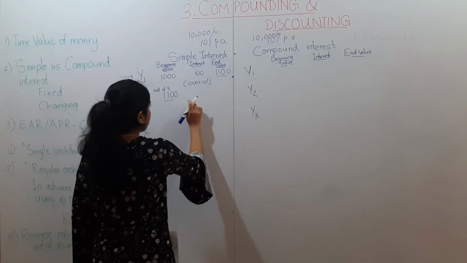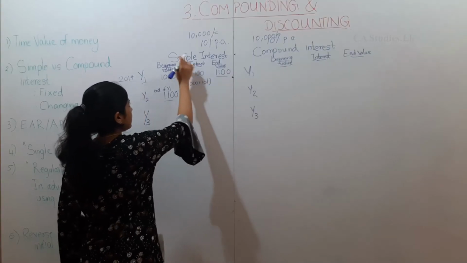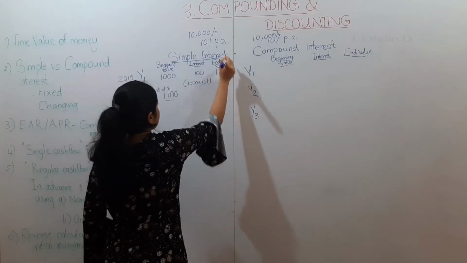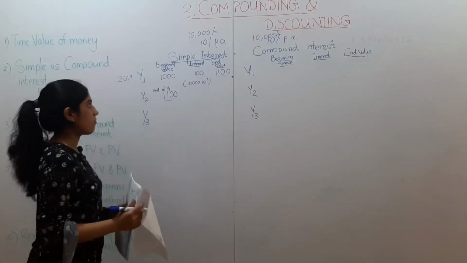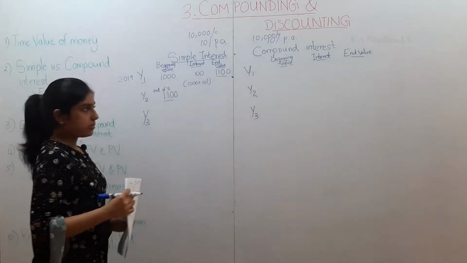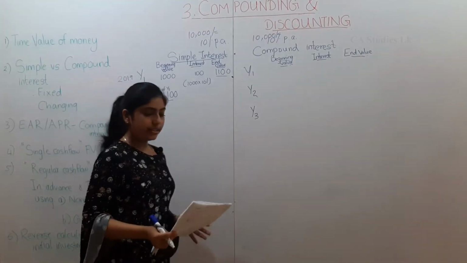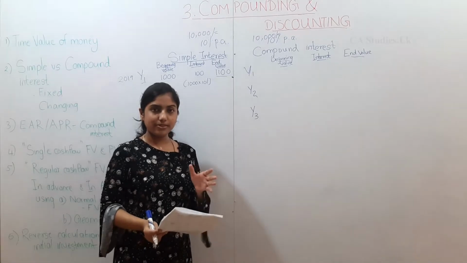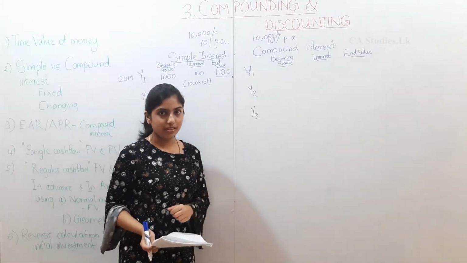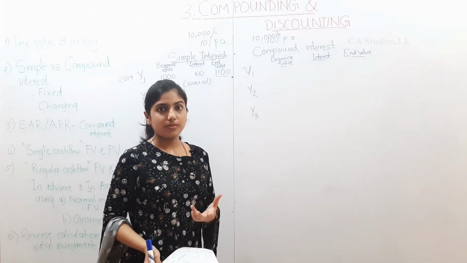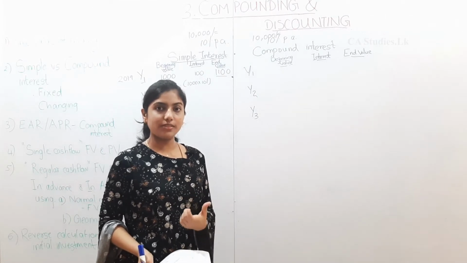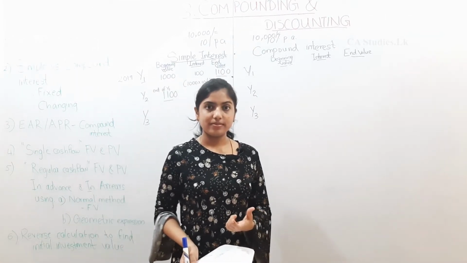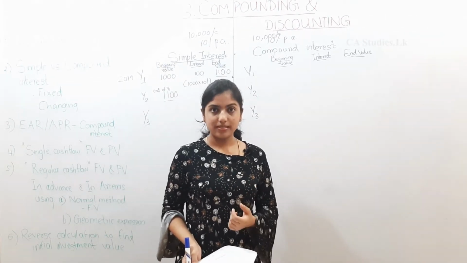Then what will be your interest under simple interest method? I said interest is calculated based on the original investment value. So, what is the original investment value here? 1000 rupees.